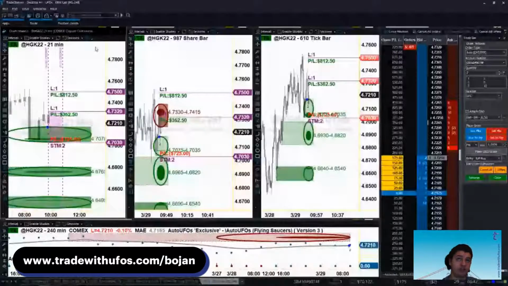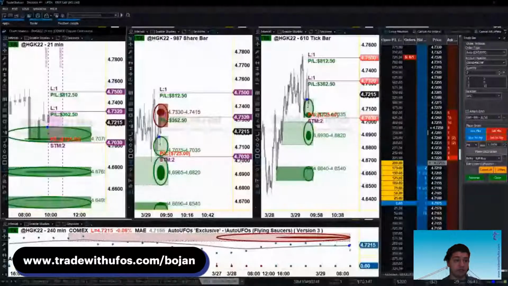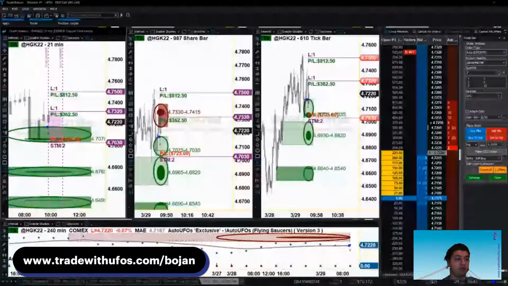Could it also run to your T2? Absolutely. But according to my backtesting, time stop does save you money. It also takes away some T2 profits, but more often than not, it saves you money. So it's a good approach to be taking.